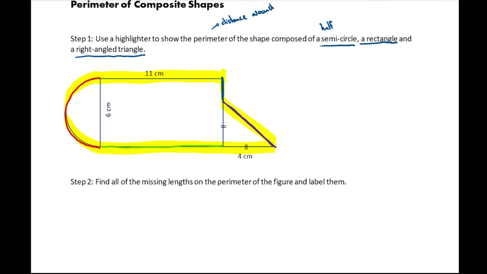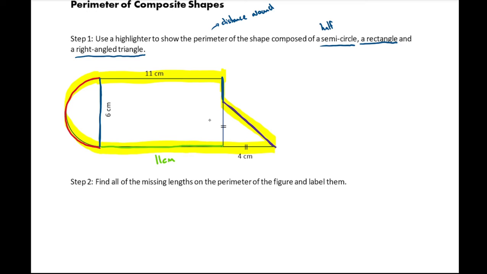Some are easy ones to figure out. Well, this green one is 11, because we have a rectangle here. So we know that this side is 11 centimeters. Another easy one is this blue part, because we know the total distance across, or the total width, of the rectangle is 6 centimeters.